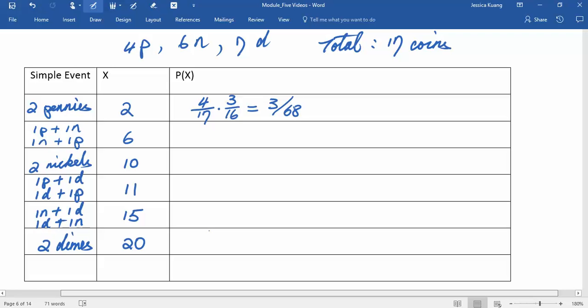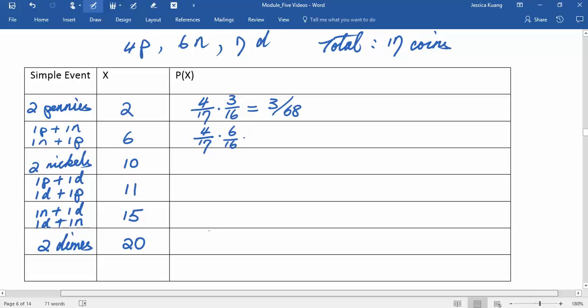Probability of X equals 6. That means 2 scenarios. First, I get a penny, so that would be 4 over 17. And then I get a nickel, so that probability will be 6 over 16.